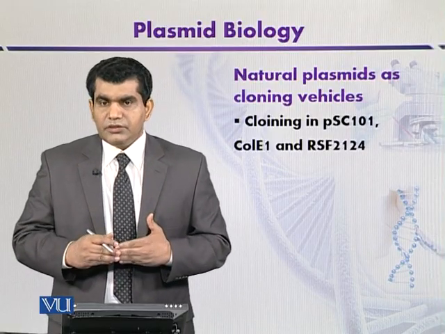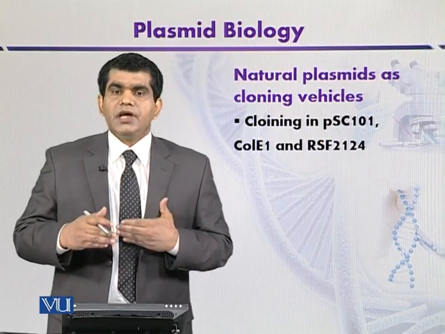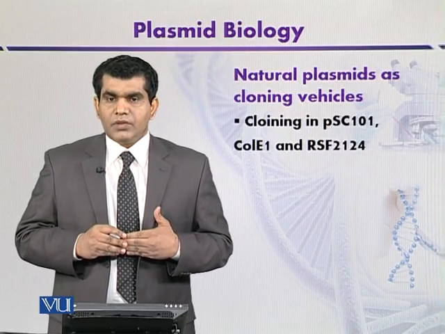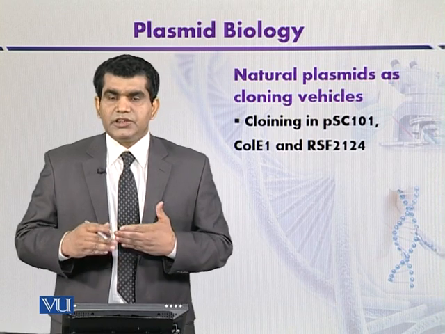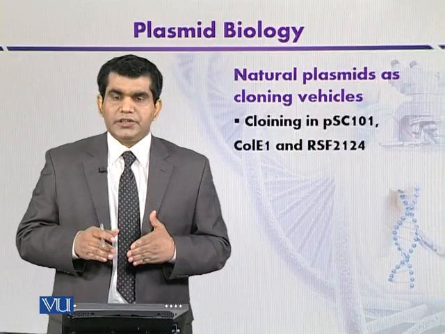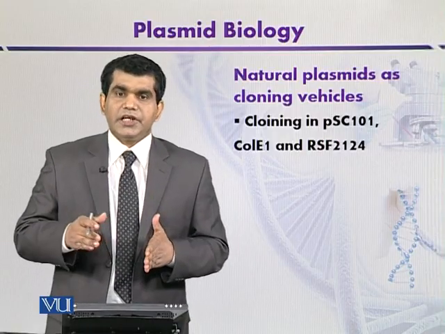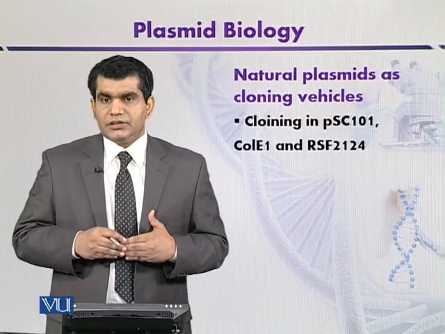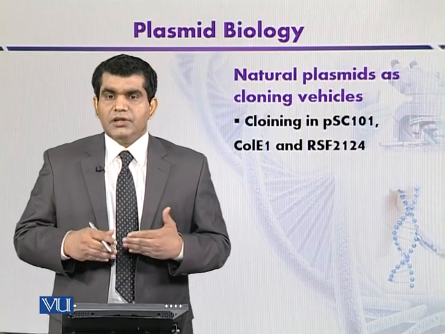So after insertion, the gene becomes inactivated and the cell becomes sensitive against colicin E1, and the transformants are then selected on the basis of another selectable marker, that is the resistance against ampicillin.